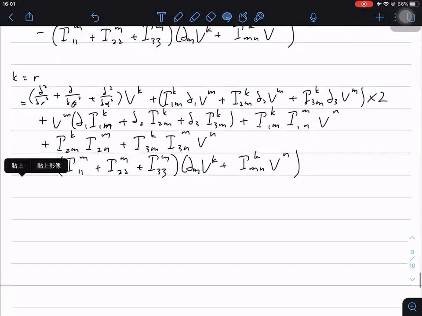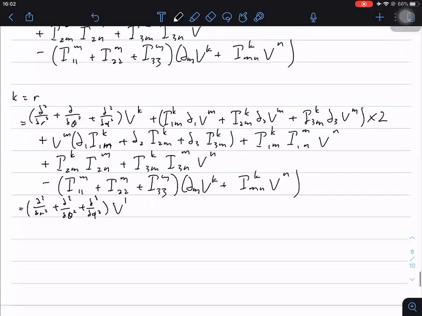Okay, so again, we have this one, V1 here, and for gamma 1, 1, well, it's all 0.